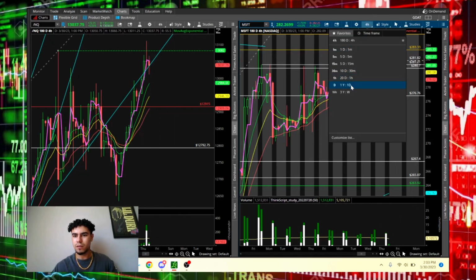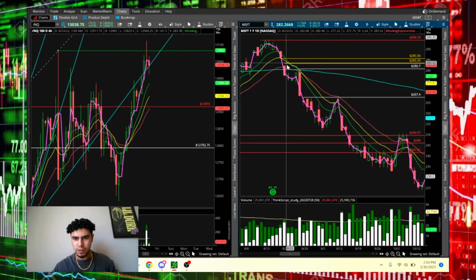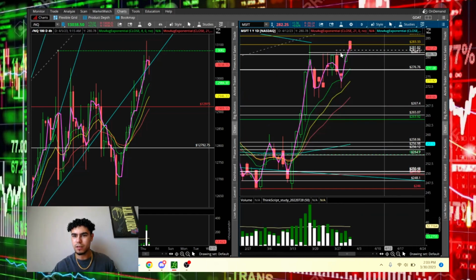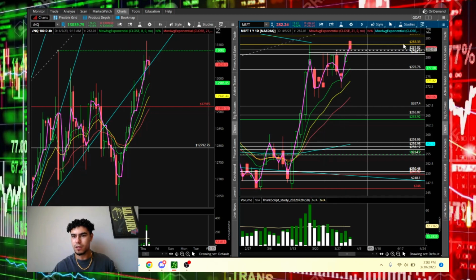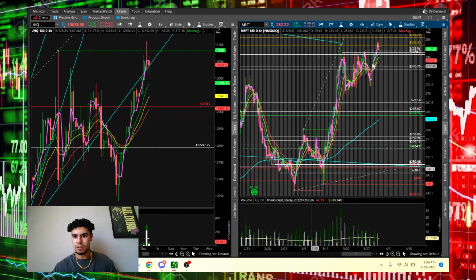But if you didn't know that, you come to the 1 day, you see here's a gap, and then we bounced there this day, and then we came back, and then we were chopping around here. So over the weekend I was watching this breakout into this gap, and they both happened pre-market, which sucks, but it happens sometimes.